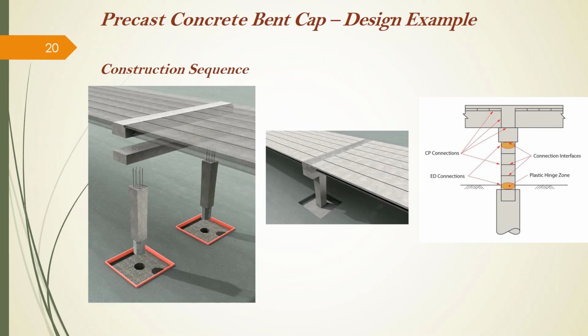As a general practice, again, in this slide, you're looking at a hypothetical bridge and a construction sequence with ABC elements from bottom up, and our focus will be the capacity protected design of the precast cap beam.